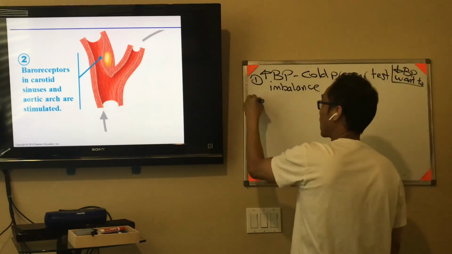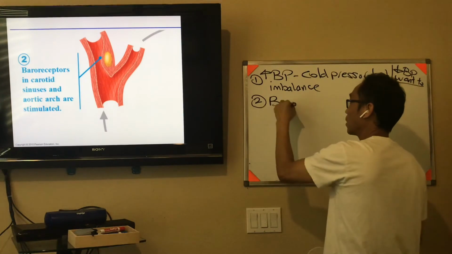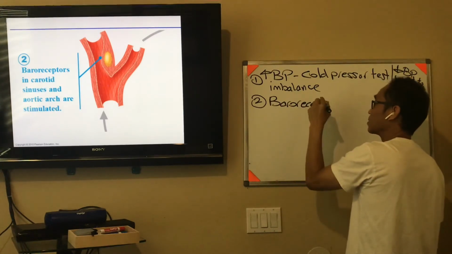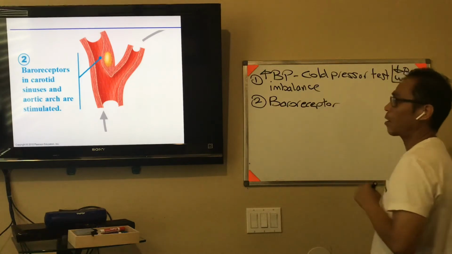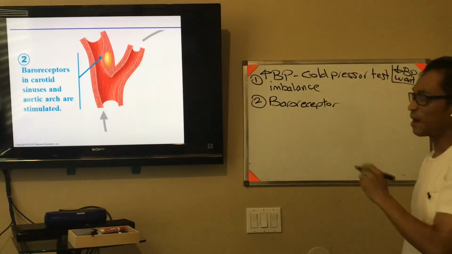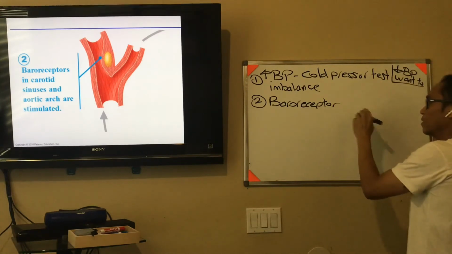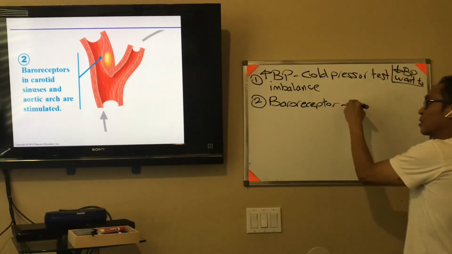So in step 2, what's happening in the baroreceptor? Remember, we have 2 anatomical locations. The aortic arch, the carotid sinus, and it says that on the slide. But these are basically stretch sensitive. They're mechanoreceptors.